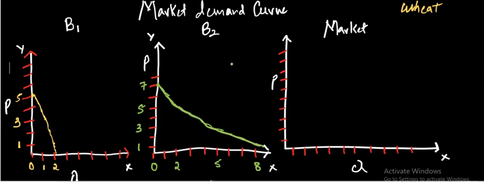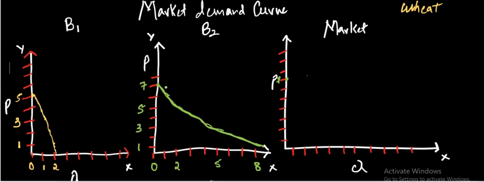Now let us go to the market. In the market, the market demand curve is simply the summation of the individual demand curves. Now at price 7, nothing was demanded in the market, so if we take the price equal to 7, at price 7 nothing was demanded, not from buyer 1 and not from buyer 2.